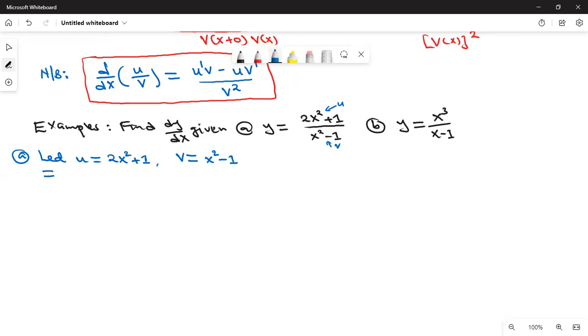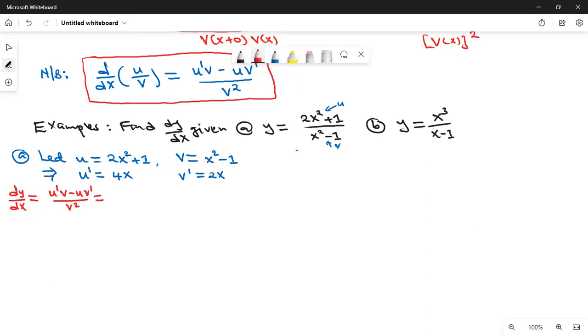Therefore, we need to get u prime, using the power rule, that gives us 4x, and v prime gives us 2x. So now dy dx should be equal to u prime v minus u v prime, everything over v squared.